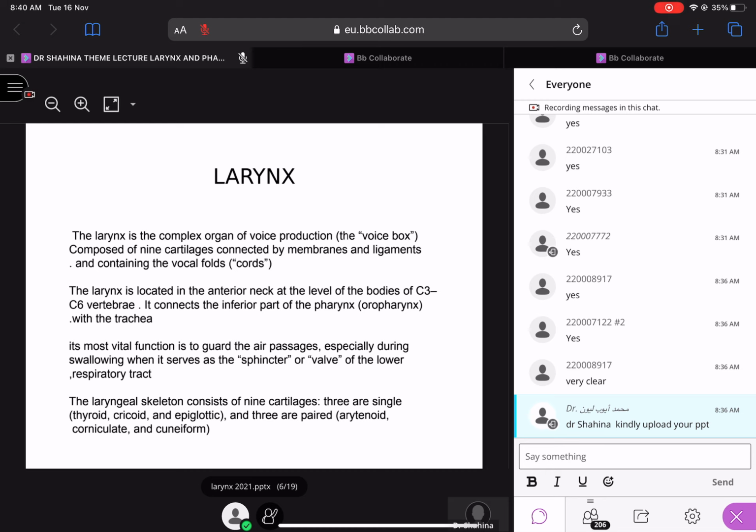Now, you will also see that the vocalization area is there in the brain in the lower part of your motor cortex. So you will see that a large area has been given, and that is called the vocalization area.